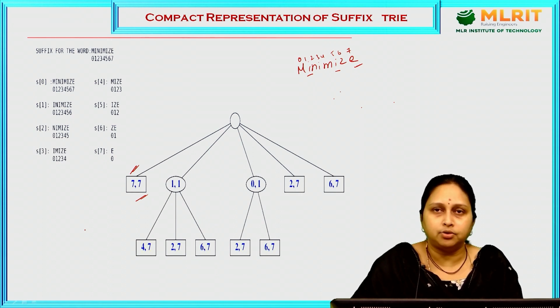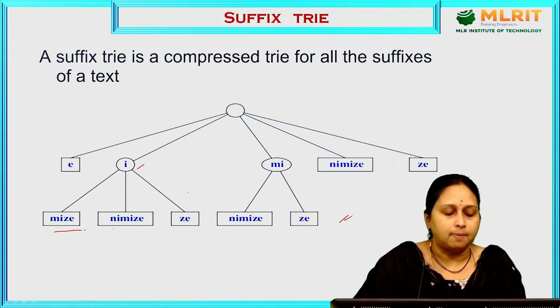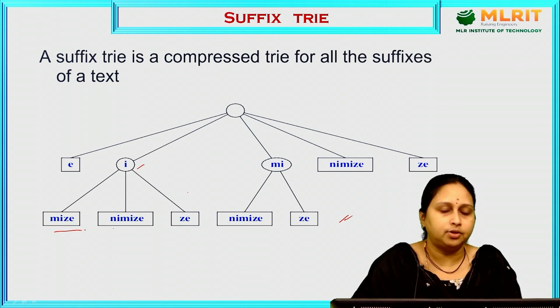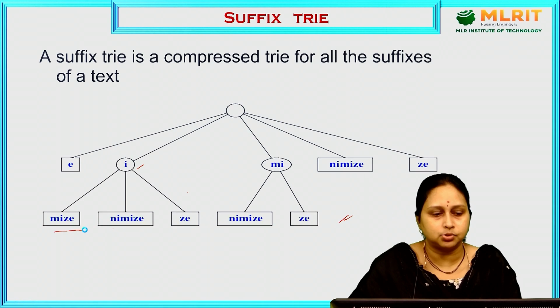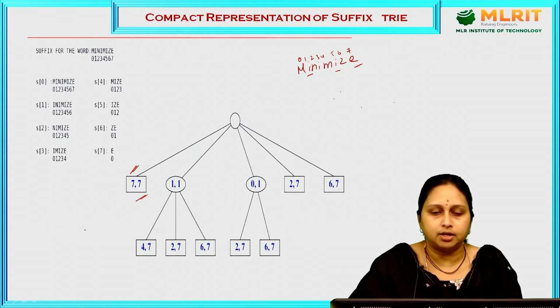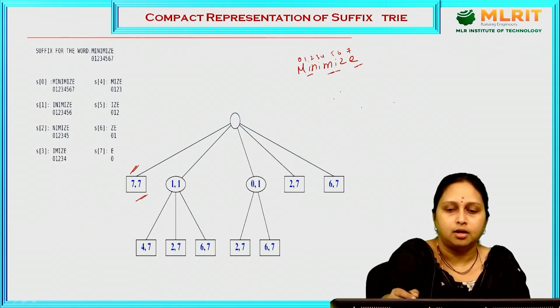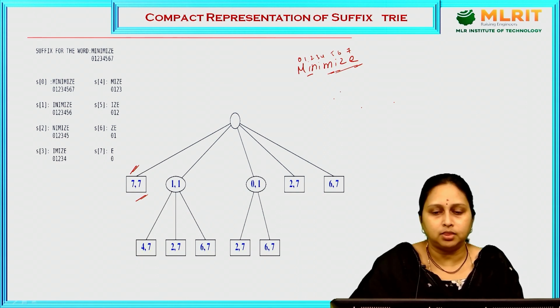That's why we are going to represent 4, 7 directly. For MIZE, we are going to take only the starting and ending. We are going to represent that particular string by where it is starting and where it is ending. M is 4, ZE. This is the complete one, right? That's why we are representing with MIZE. One of the characters is not represented here. In that I we are not mentioning, we are just representing the string's starting and ending.